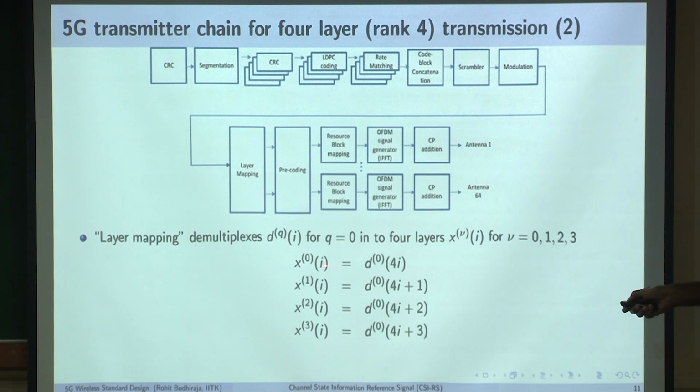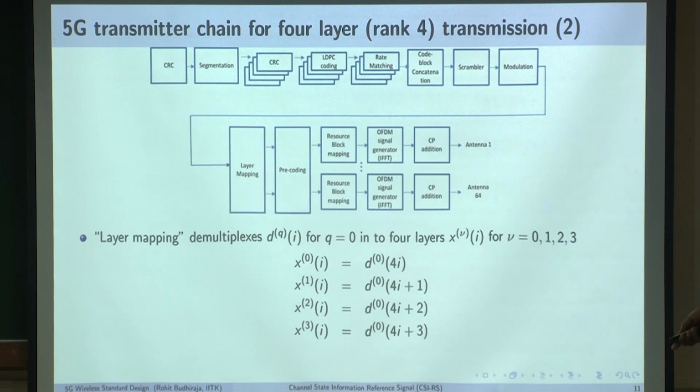So this is i, the running index: the 0th symbol of layer 0, the 0th symbol of layer 1 is basically the first symbol of this modulated transport block, and the 0th symbol of the second layer is the third symbol. It's only the index.